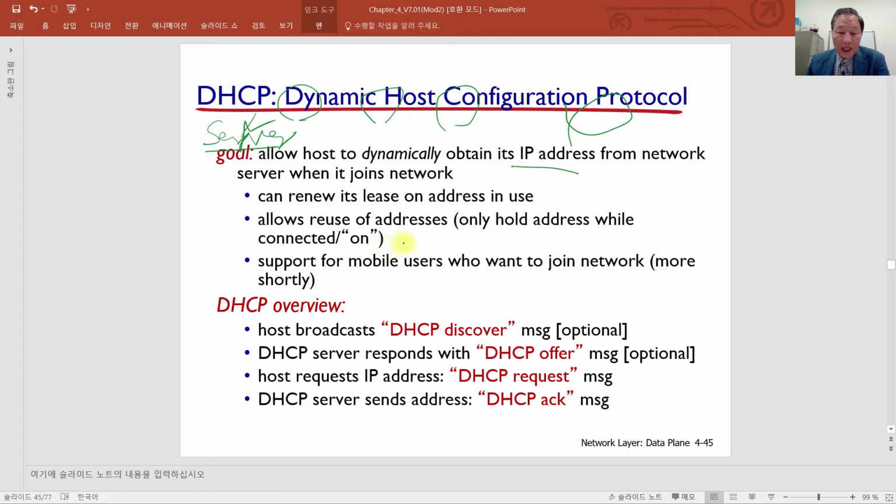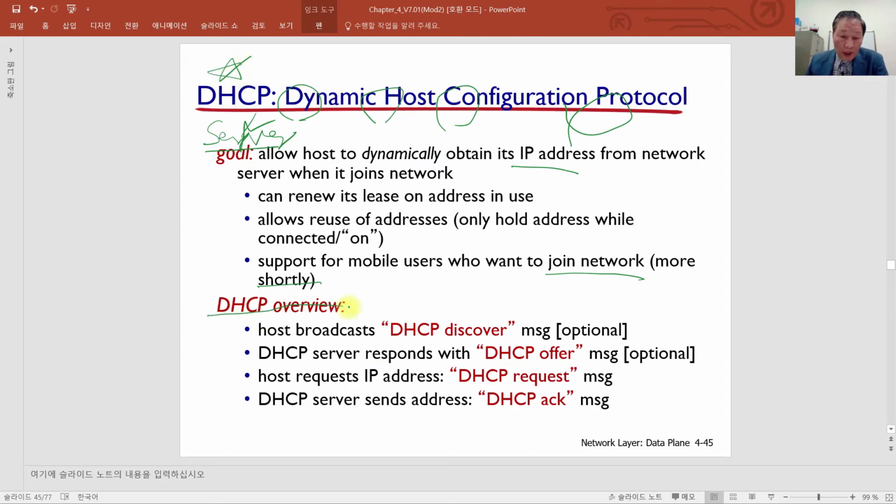If that is disconnected or powered off, then that same IP address may be assigned to another device, to another computer, or to another notebook. It gives support for mobile users who want to join the network. Or shortly, in very fast time, we can connect to the internet using this scheme.